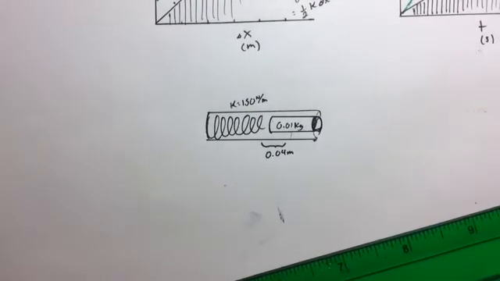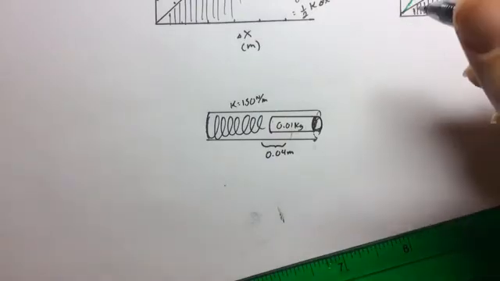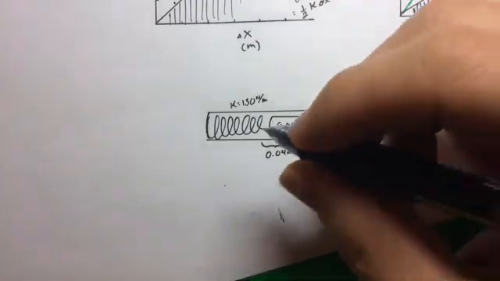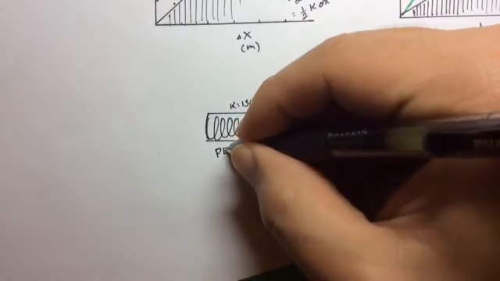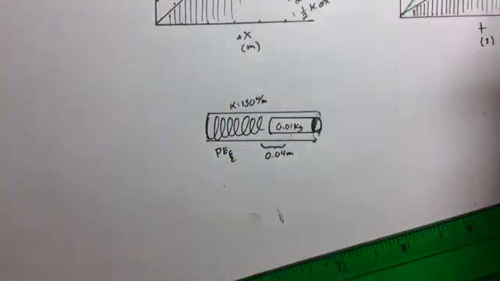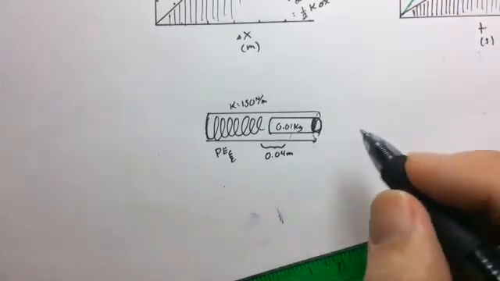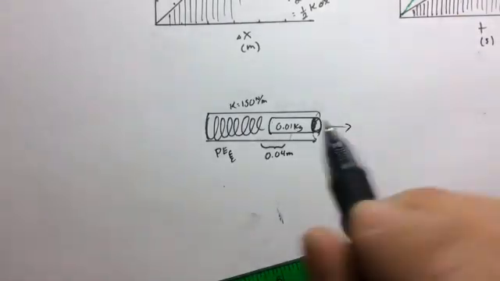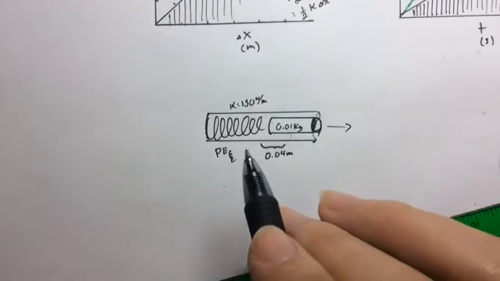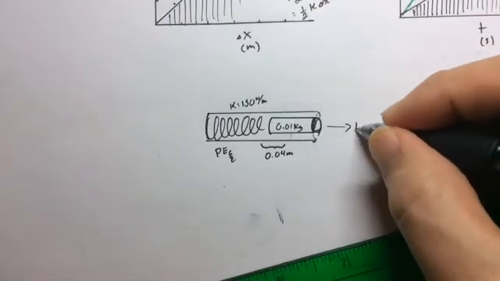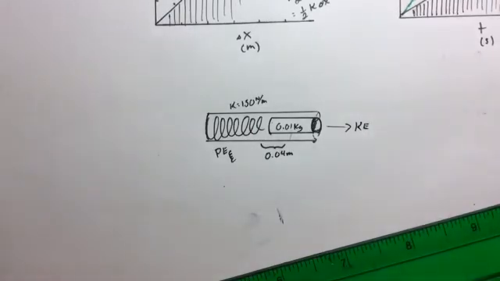What we're going to do is look at the energy involved. What kind of energy does it have right now before we fire it? This spring is pent up with potential energy. When this dart is fired, the spring is going to extend and transfer its potential energy into kinetic energy.